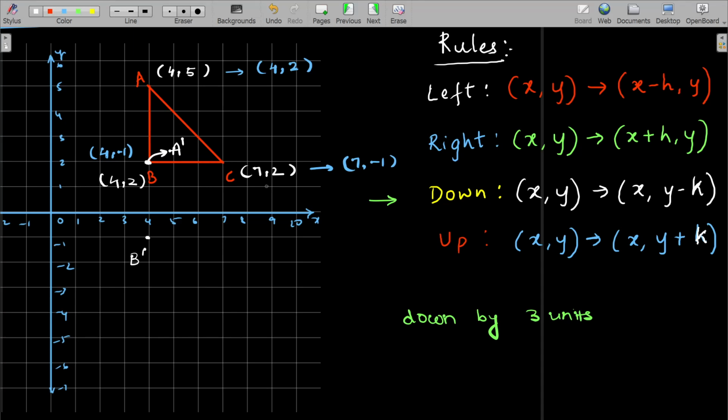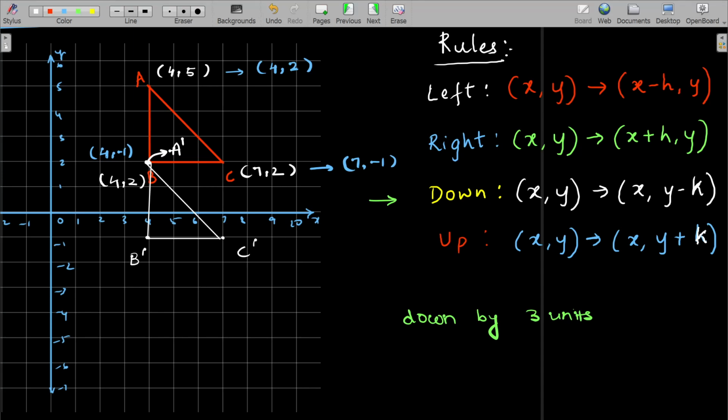And point C is now at 7, -1. So this is C dash. And the new triangle, let's connect the 3 points. So this is the new triangle A dash, B dash, C dash. It has been translated down by 3 units.